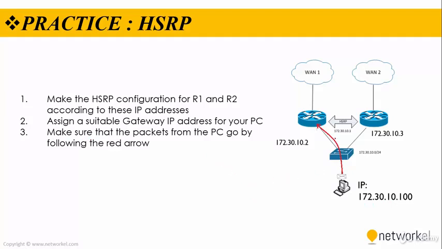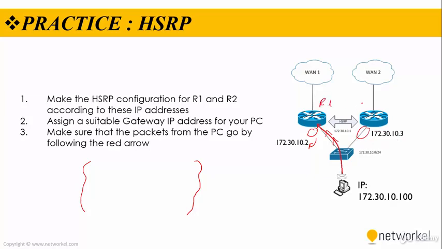Okay, so let's make a summary here. I'm going to attach the IP addresses to the internal interfaces of the routers: 10.2 for router 1 and 10.3 for router 2.